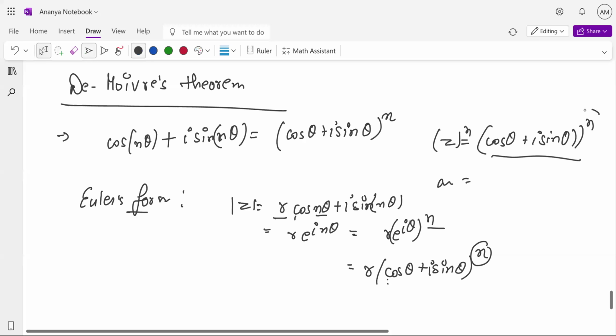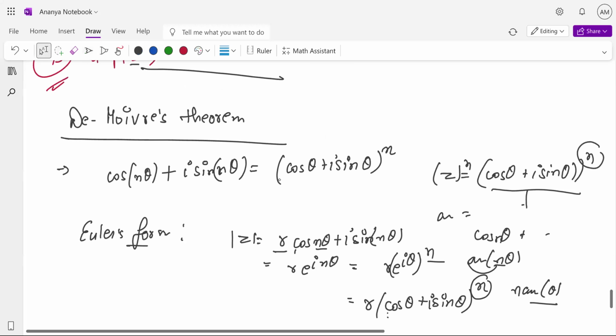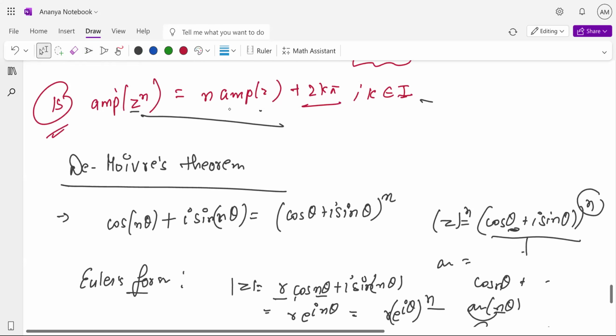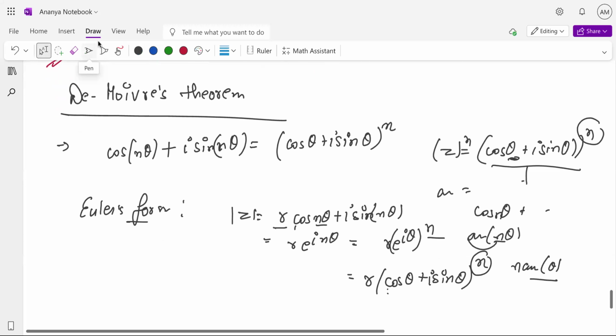Whatever the power of it will give you, you know the power can resolve into cos n theta plus i sine n theta. And what is amplitude? Amplitude is n times theta. n is a constant value, so it comes outside, so n times the amplitude of theta. Understood? The amplitude of this is nothing but n times the amplitude of normal z. So I think this gives you the explanation of your previous theorem also.